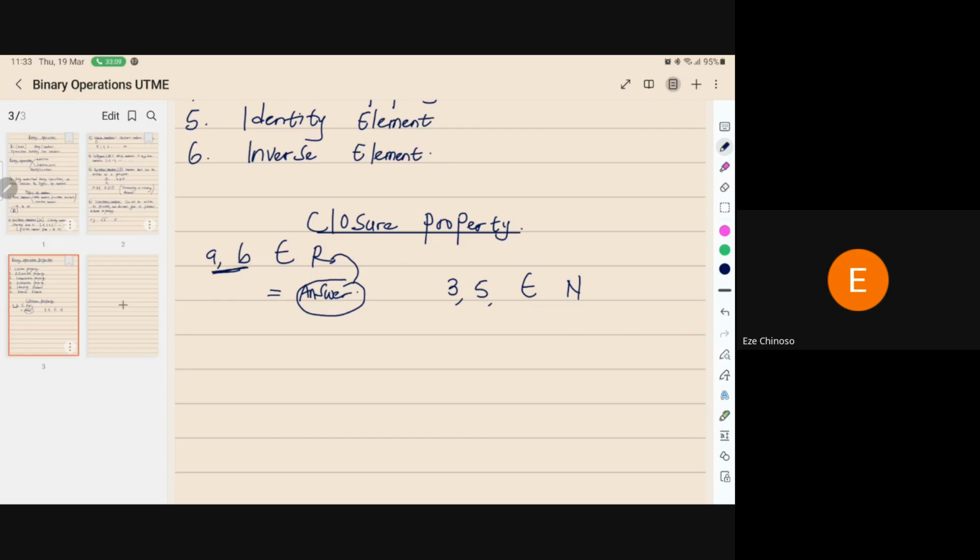If I perform any operation on these two numbers, let's say 3 times 5, 3 plus 5, or 3 minus 5, plus, minus, multiplication, any of these operations, it gives me an answer, and the answer is also a natural number. That means that very set is enclosed. Do you understand what I'm saying? Give me a thumbs up if you understood what I said.